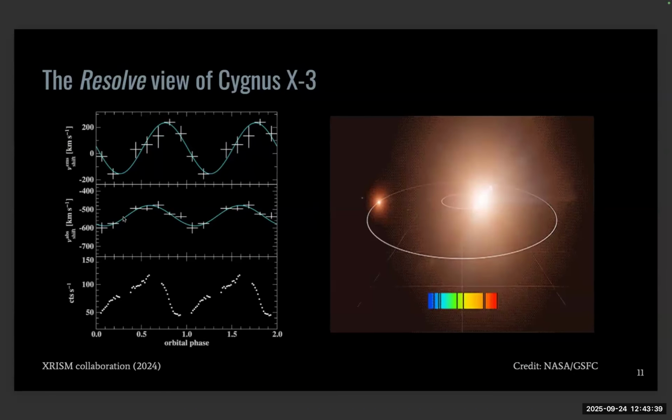So the absorption is overall blueshifted, and the amplitude of the variability is much smaller as compared to the emission lines that are redshifted by just about 50 kilometers per second, but have a much larger amplitude.